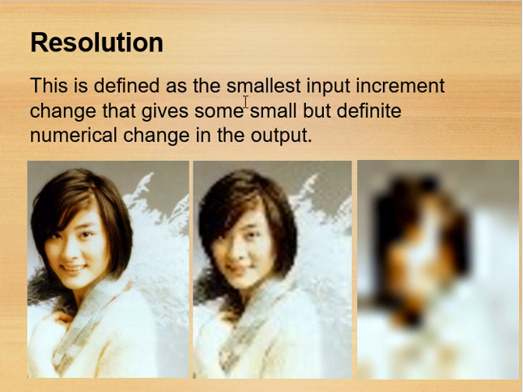So this is defined as the smallest input increment change that gives some small but definite numerical change in the output. I think we have discussed this in the ADCs and DACs. But why the resolution is very important is because that small change that occurs is considered here, and we can reconstruct our image with the help of higher resolution cameras.